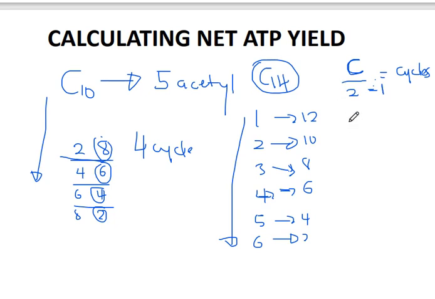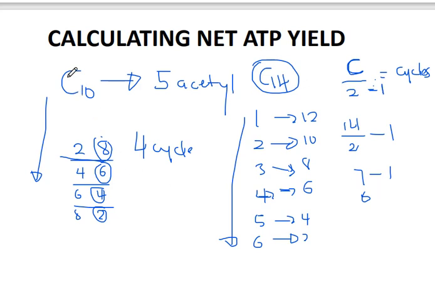So let's say I have 14 here, then I'll have 14 carbons divided by 2 minus 1, which is what? 7 minus 1, which is 6. So for a 14 carbon fatty acid, I'll go through 6 rounds or 6 cycles before I can divide it into 2 carbon acetyl-CoA.